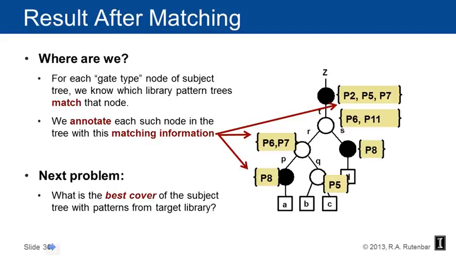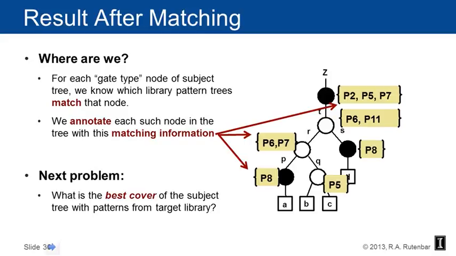For the white node that makes output T, two patterns, P6 and P11, match. For the black node that makes output S, P8 matches. For the white node that makes output R, P6 and P7 match. For the black node that makes output P, P8 matches. And for the white node that makes output Q, P5 matches.